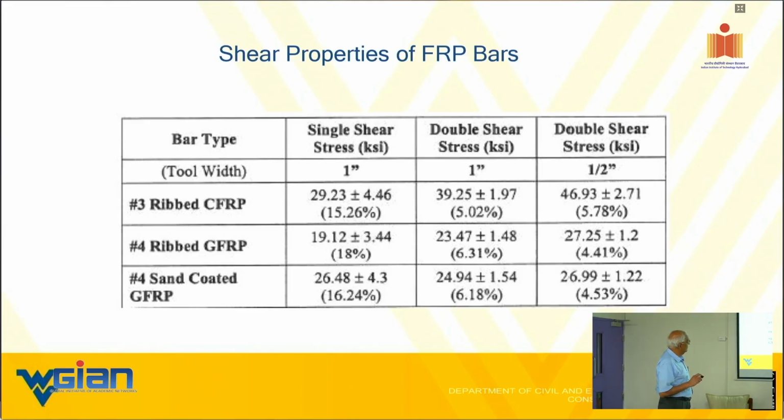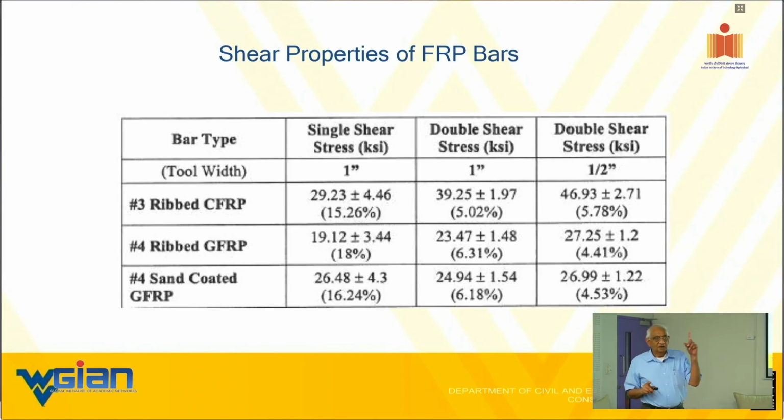If you got a standard deviation of 15, 16, 18, you know what? That would immediately tell me something is wrong with the way I'm conducting the experiment. Actually, you can see how nice the standard deviation is with regards to double shear.